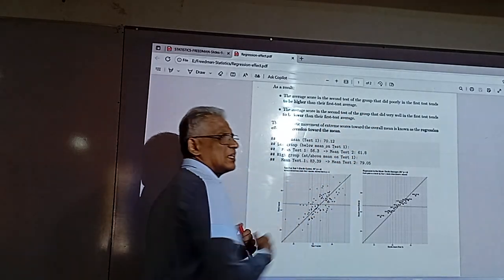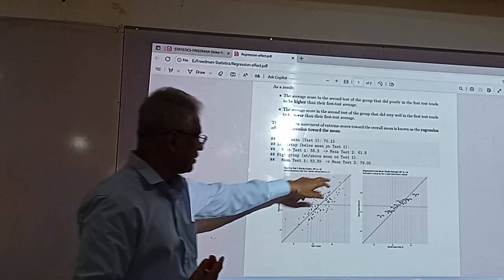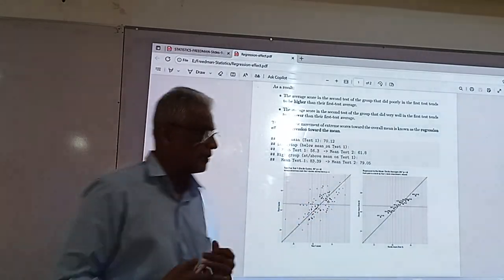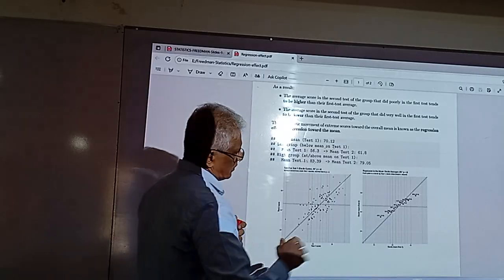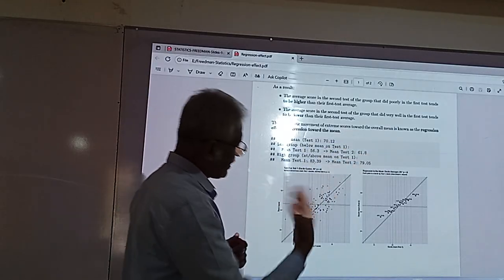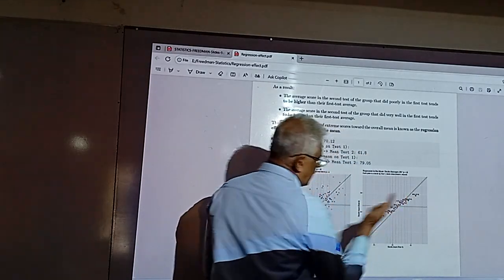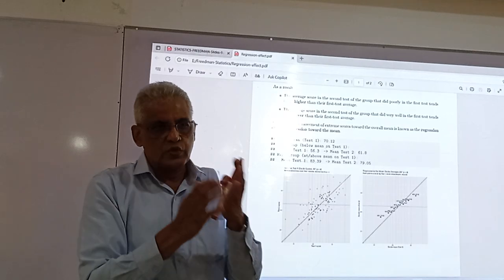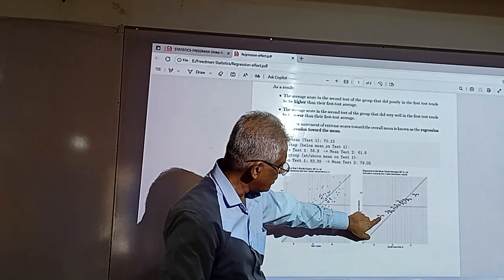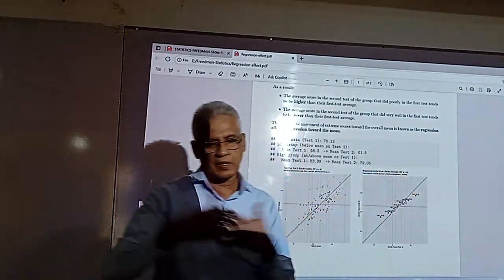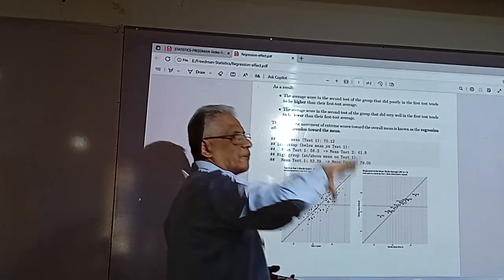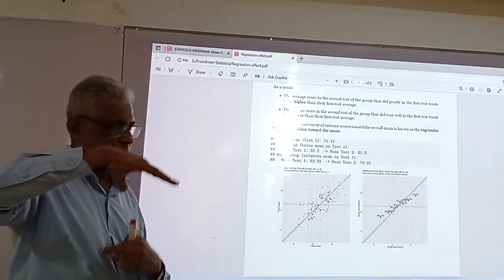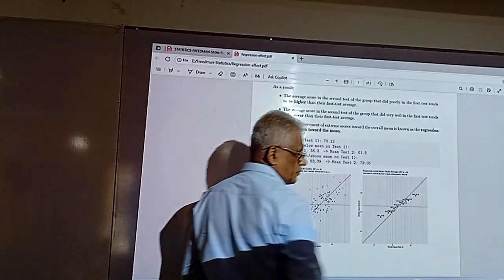Actually, sorry, I made a mistake. This is not the SD line, this is the regression line. Right. So the regression line goes through the points, but again you can see that in the middle, the average points are closer to the regression line, whereas here and here, even if the sample size in this case is the same, the deviation is large here.